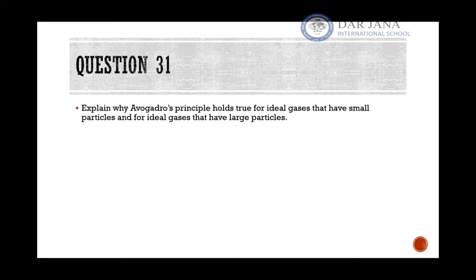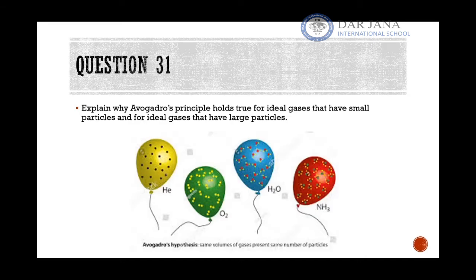So question number 31. Explain why Avogadro's principle holds true for ideal gases that have small particles and for ideal gases that have large particles. Now, Avogadro's principle states that an equal volume of gases at the same temperature and pressure contain equal number of molecules, which means the size of a molecule is so small compared to the volume of the gas.